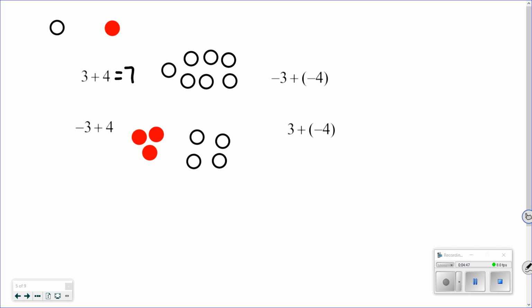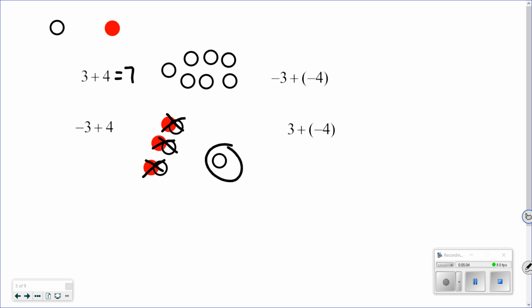And here's what happens. As I pair these up, a negative 1 and a positive 1 just cancel each other out. So those two are now gone. We can cross those off. Then I have another negative and another positive. Again, those two are just gone. I've got another negative and another positive. They're gone. That leaves me with a positive 1.